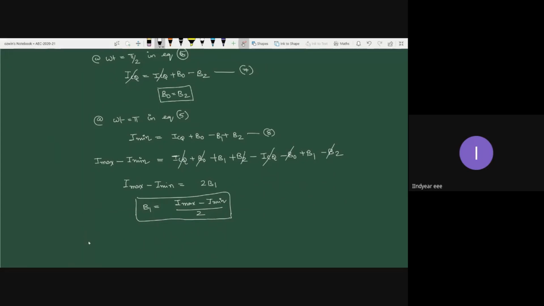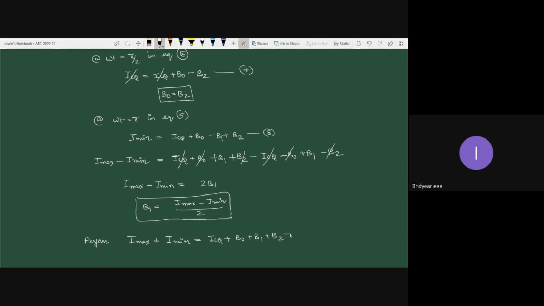So what we will do, perform I max plus I minimum. You add the max and min equations. When you add them, what you get is ICQ plus B naught plus B1 plus B2.